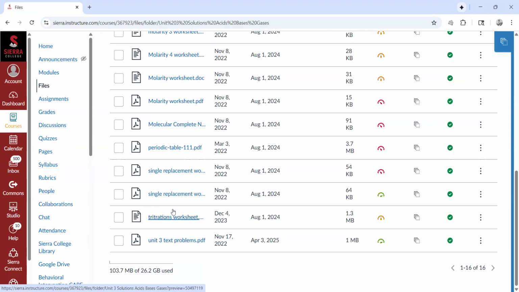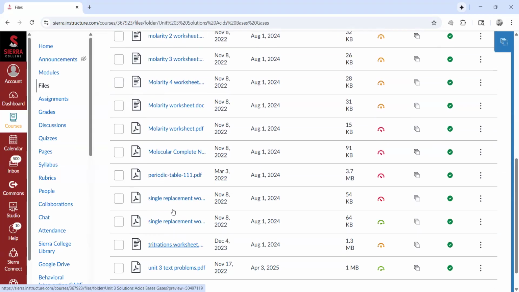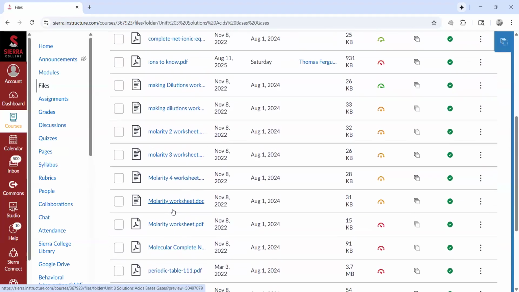Okay? There's a bunch of them there. All of them say molarity. So there's at least 5 or 6. Then there's also 2 on dilutions as well.